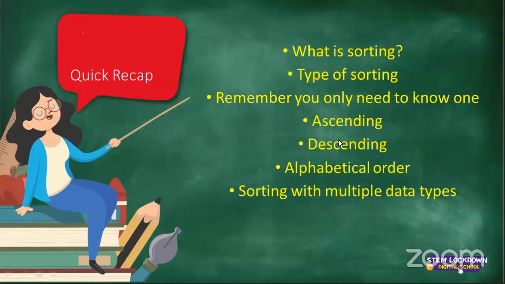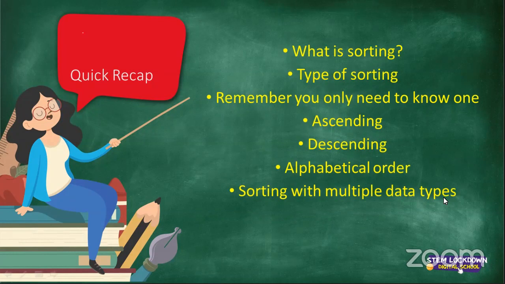When we talk about ascending order, we mean that we're going to arrange the numbers from lowest to highest, and descending order is from highest to lowest. And finally, alphabetical order. I guarantee you this is the only thing that they can ask you with regards to sorting. So please, that's the only thing that you need to know over there. And finally, be able to sort with multiple data types.